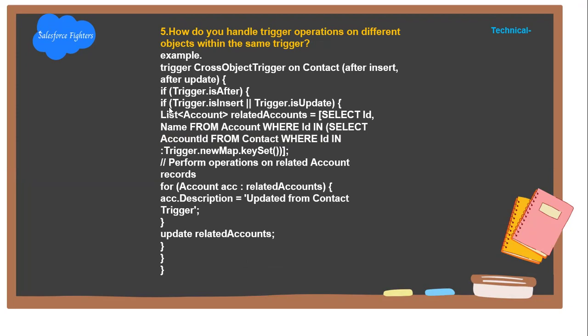If Trigger.isInsert or Trigger.isUpdate, List<Account> relatedAccounts = [SELECT Id, Name FROM Account WHERE Id IN (SELECT AccountId FROM Contact WHERE Id IN :Trigger.newMap.keySet())]. Perform the operation on the related account records: account description updated from the contact trigger, and update related accounts.